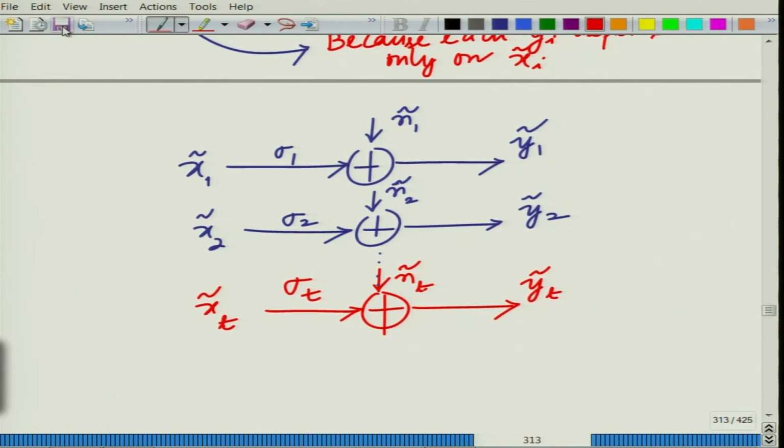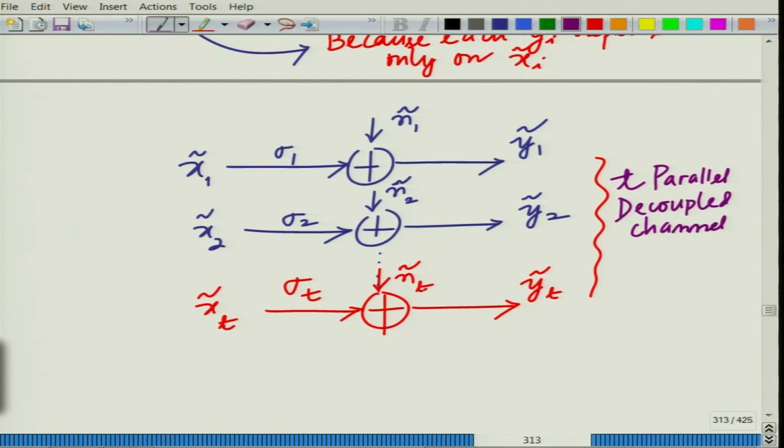And therefore, what you can see is that this reduces to a set of t parallel decoupled channels.